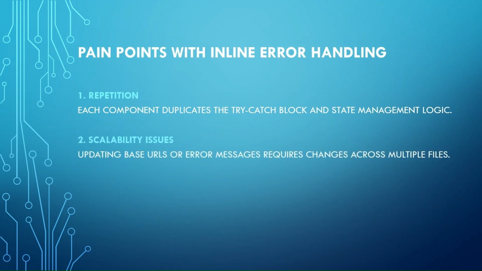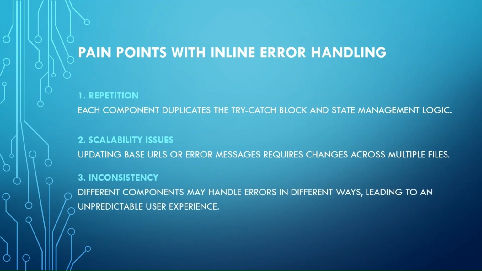Updating base URLs or error messages requires changes across multiple files. Number 3. Inconsistency. Different components may handle errors in different ways, leading to an unpredictable user experience. And these issues can make managing a growing codebase frustrating and error-prone.